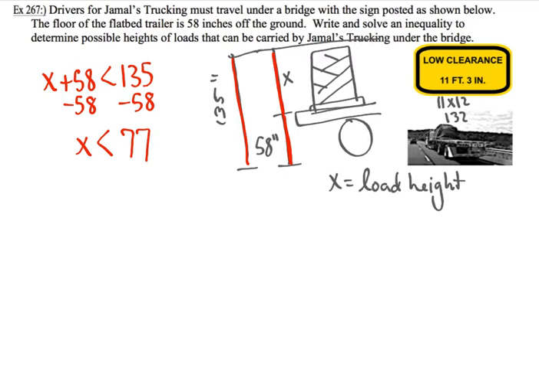You probably want to stay a few inches under that. But you need loads under 77 inches. Okay. I probably wouldn't do anything higher than about 72 inches, giving myself 5 inches of clearance.